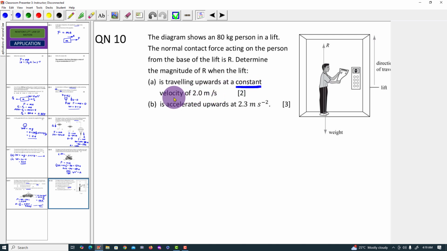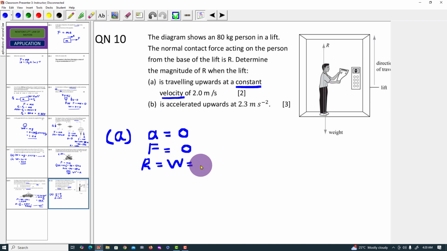Constant velocity. Since the velocity is constant, then it means that the acceleration is 0. If the acceleration is 0, it means that F, resultant force, is also 0. When that is the case, it means that the sum of the upward forces, which is R, is equal to the sum of the downward forces, which is the weight.